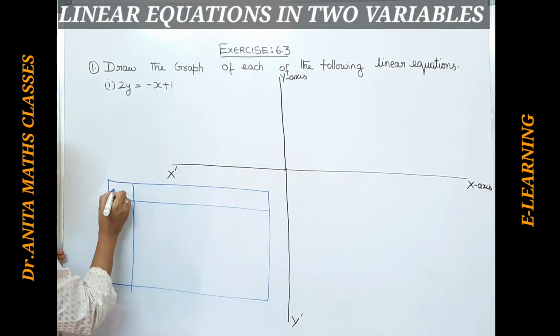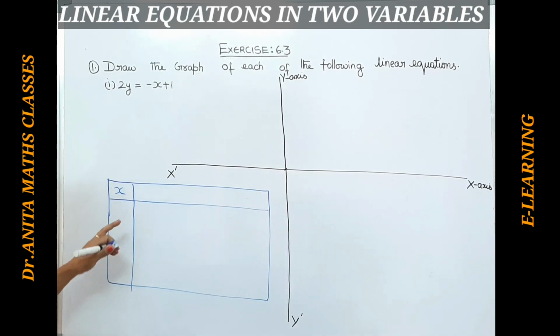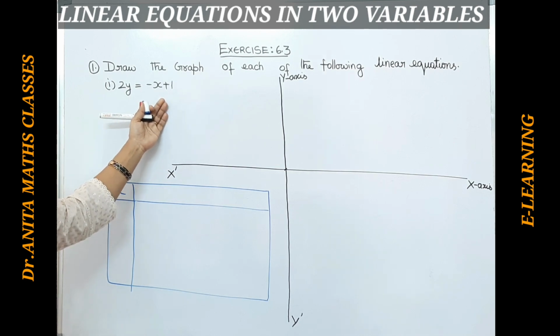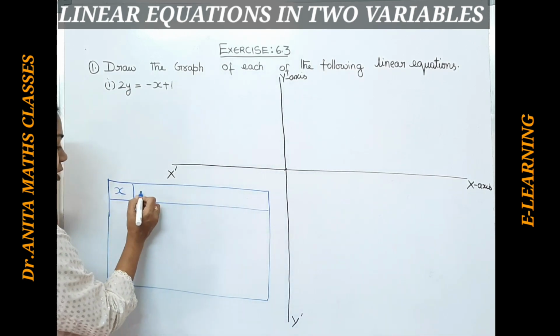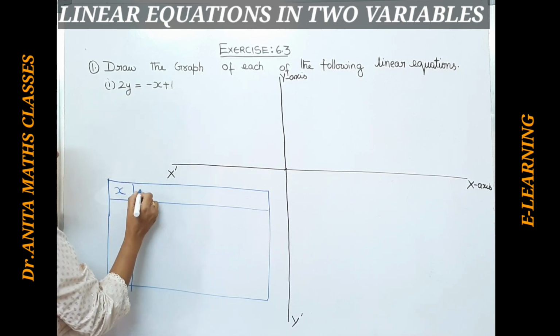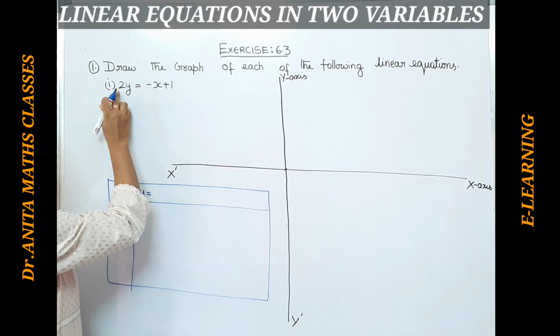We will suppose x values like 0, 1 or something. If you substitute that x value in this equation, we get the y value, and the point is x comma y. So I keep y here and shift this 2 to the other side.